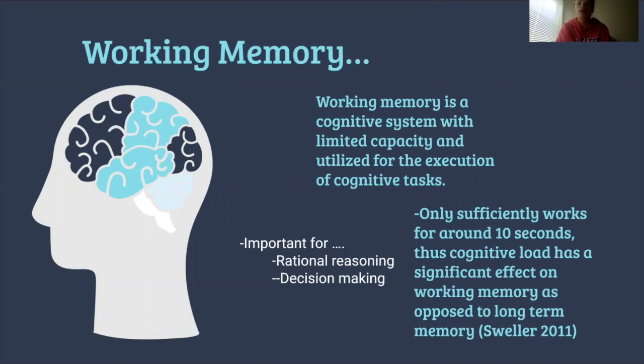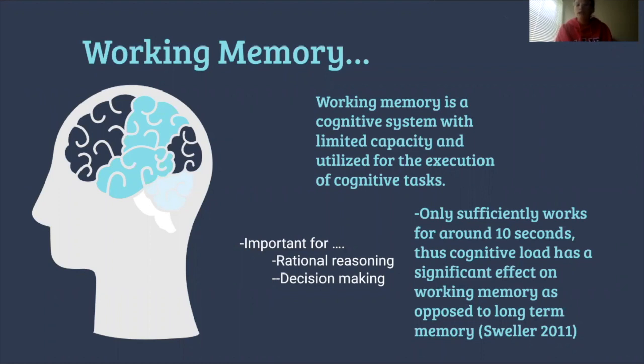So another key concept in our study is working memory, and this has to go along with cognitive load, which is going to be talked about in the next slide. So working memory is a cognitive system with limited capacity and utilized for the execution of cognitive tasks.